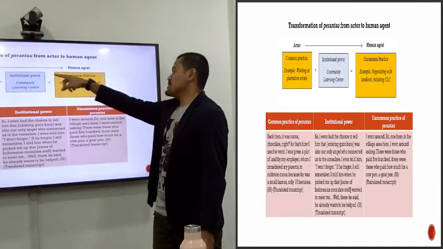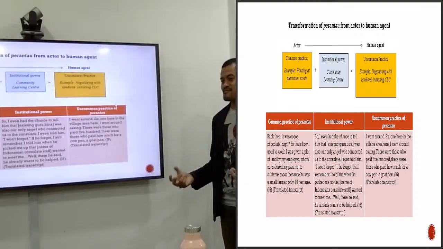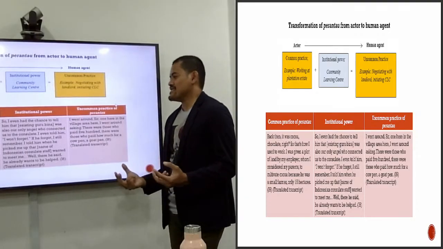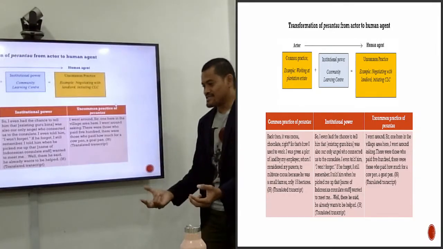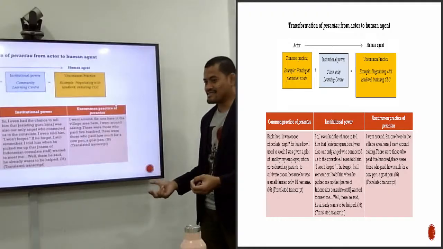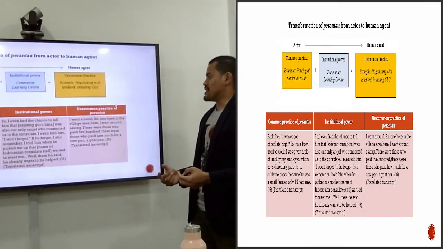And institutional power actually refers to the community learning center model itself. Because I say the community learning center is a model, an institution that has power because it is a model that is recognized by both the Malaysian and Indonesian governments.